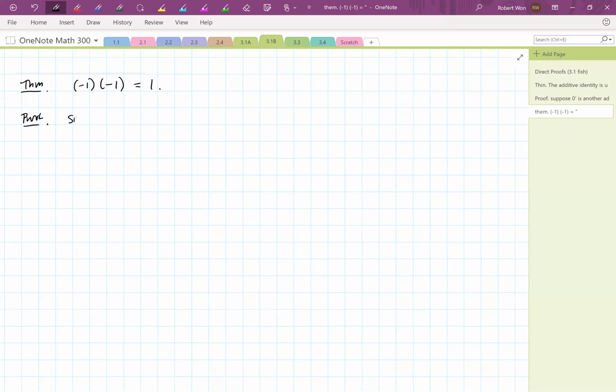Okay, so since -1 is the additive inverse of 1, therefore, -1 plus 1 equals 0. That's what it means to be the additive inverse.